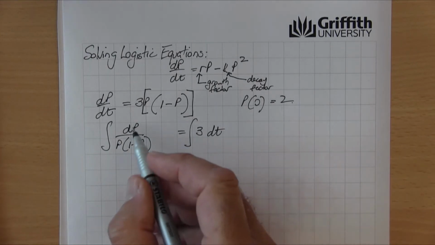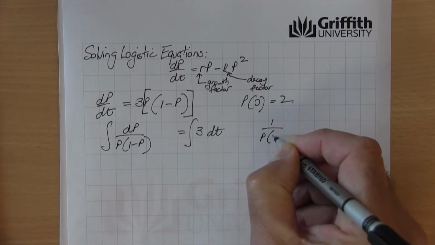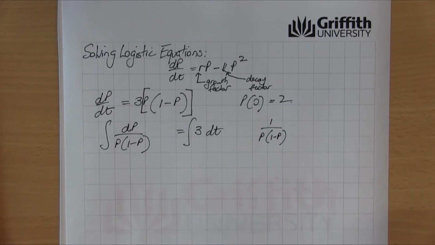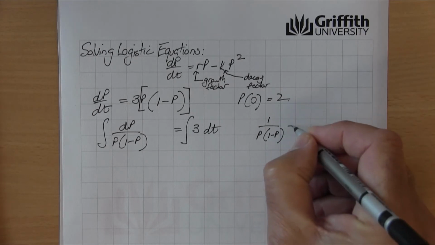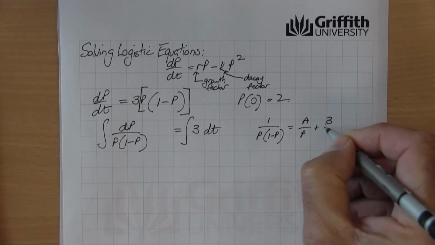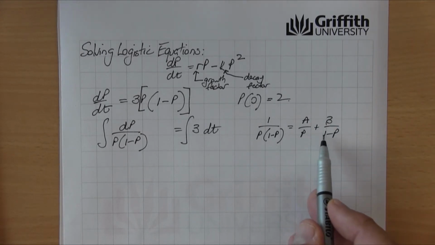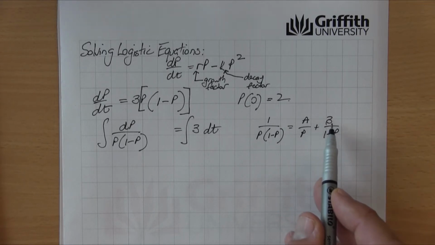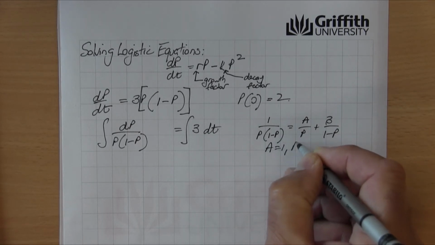Okay, now this is an example of a method we've done before called integration by partial fractions. So we can split this up as a over p plus b over 1 minus p. We can then combine these two together by making the denominators p outside of 1 minus p, find values for a and b, and we get a equals 1, b equals 1.